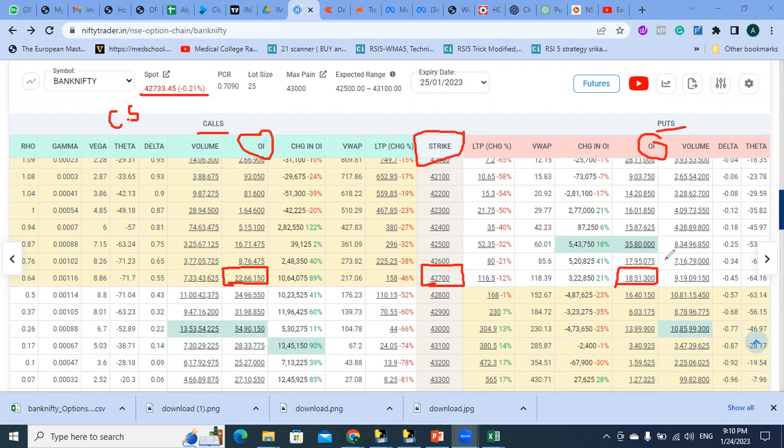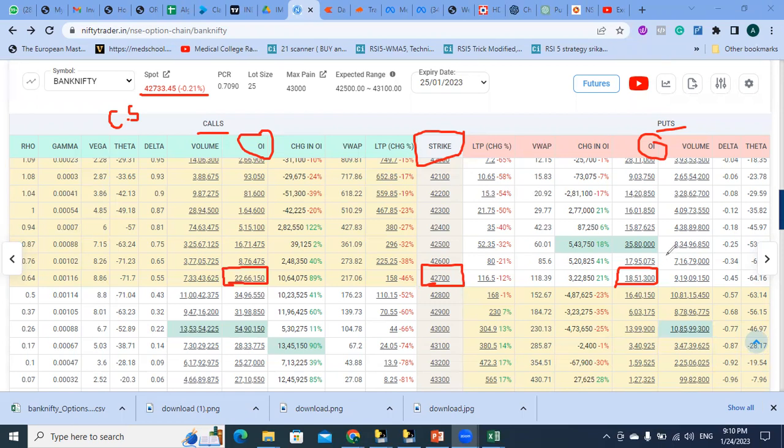So whenever we say open interest, we always consider it in terms of who has greater influence at that point. Open interest is considered as having the influence of sellers.